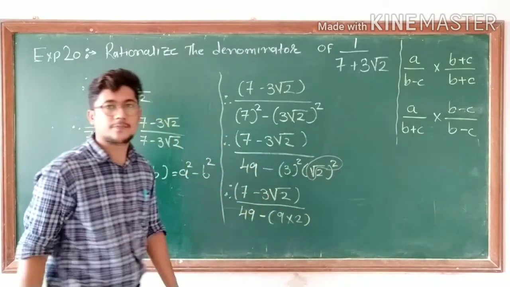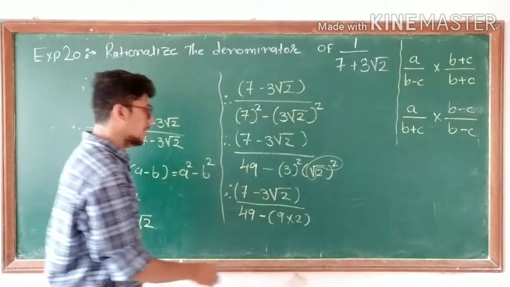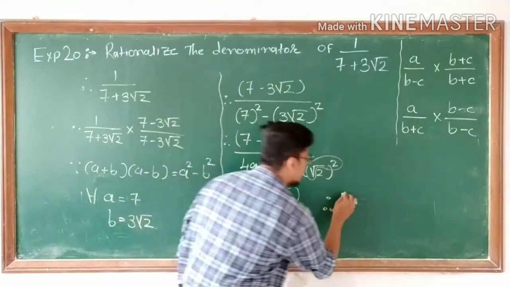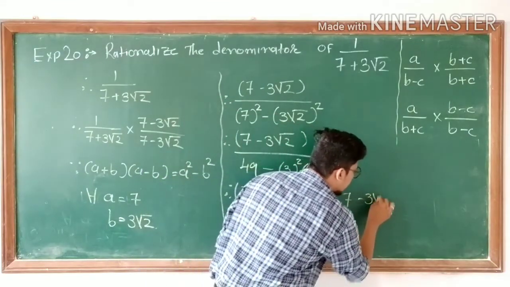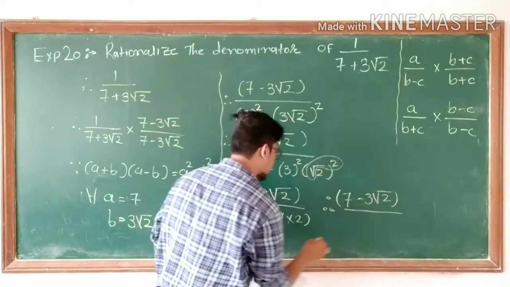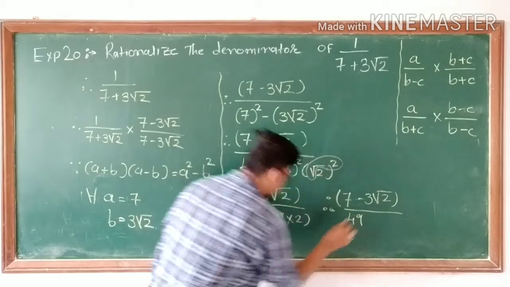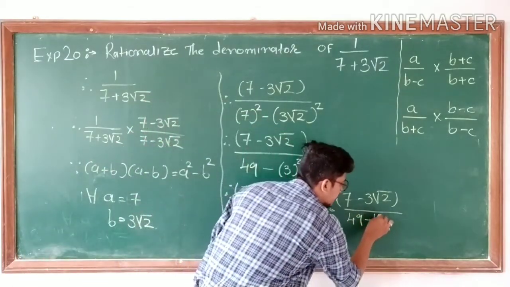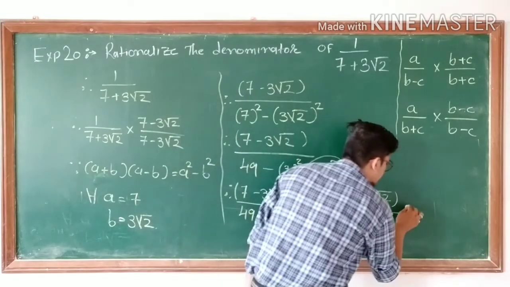Yes or no? Yes. So now therefore 7 minus 3 square root of 2 will be as it is here. 49 minus 9 2s are, that is 18. Yes or no?